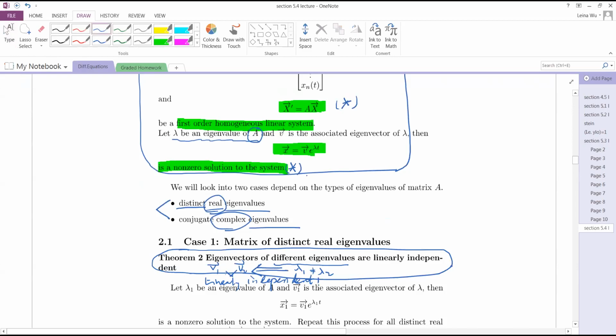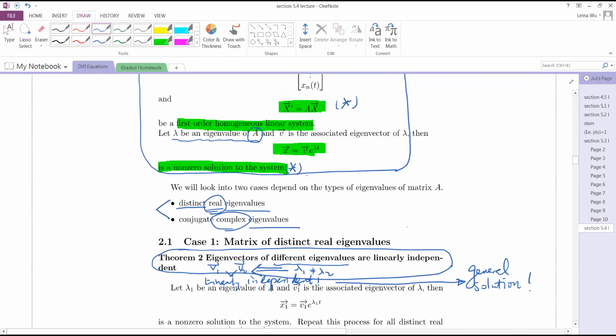When do we need this linear independence? When our solutions aren't the same. Linear independence is especially used when you're looking for the general solution. You need to make sure those individual solutions are linearly independent.